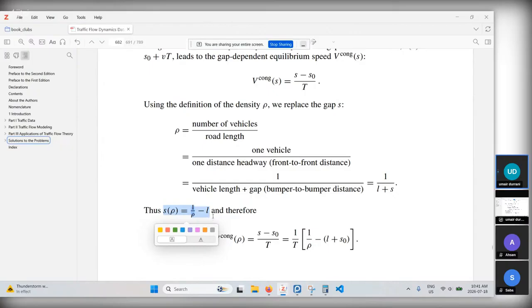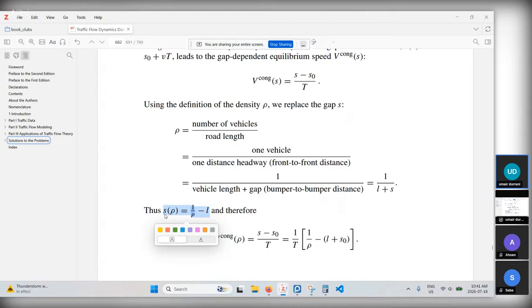We have previously discussed that there is a relationship between flow and the time headway. Flow is equal to 1 divided by average of the time headway. Similarly, the density is equal to 1 divided by average of the distance headway.